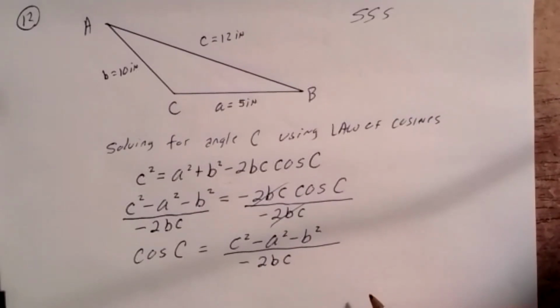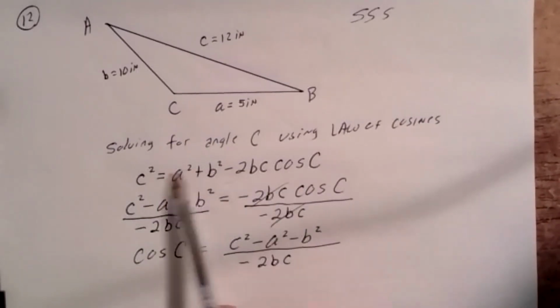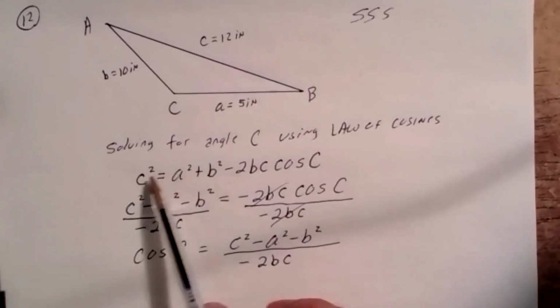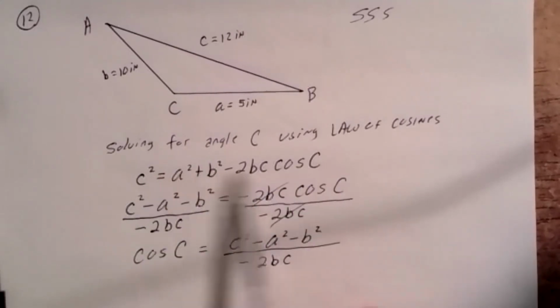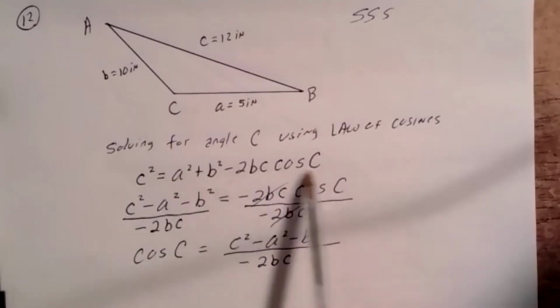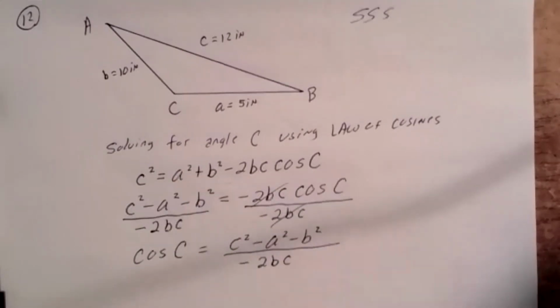Something's not right with my formula, ladies and gentlemen. What's wrong with this formula here? There's an error here. This isn't one of our law of cosines. There's a mistake. Should it be 2 times BA?